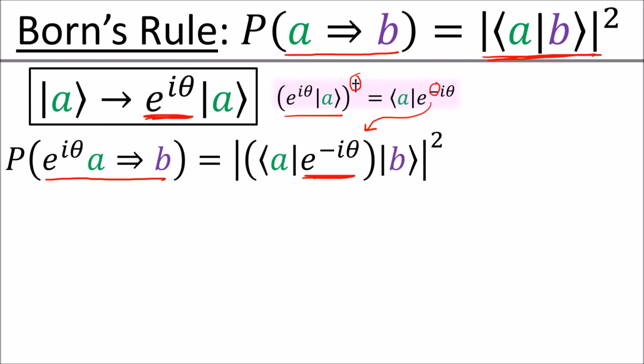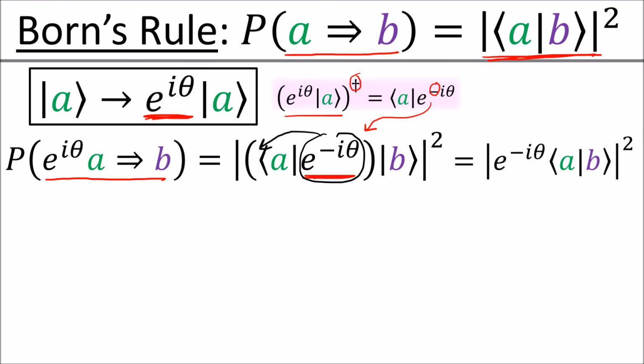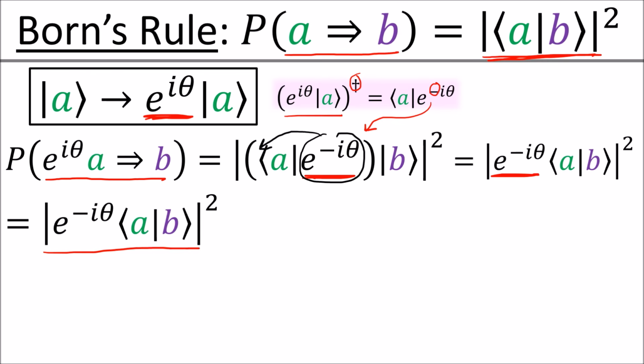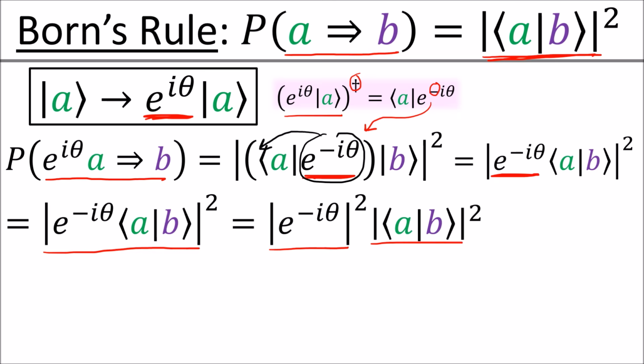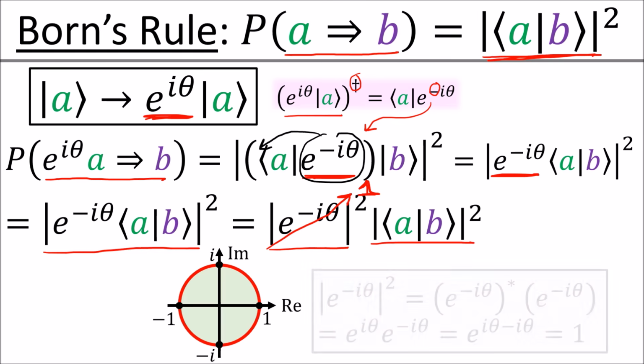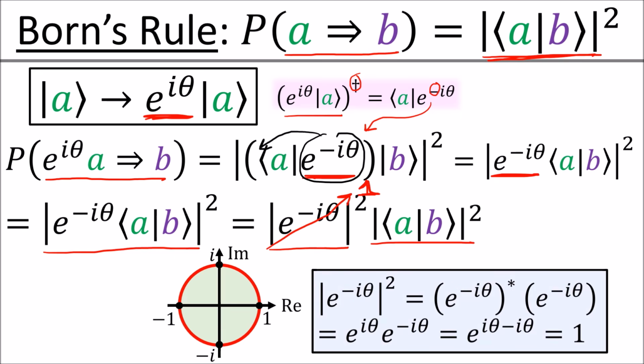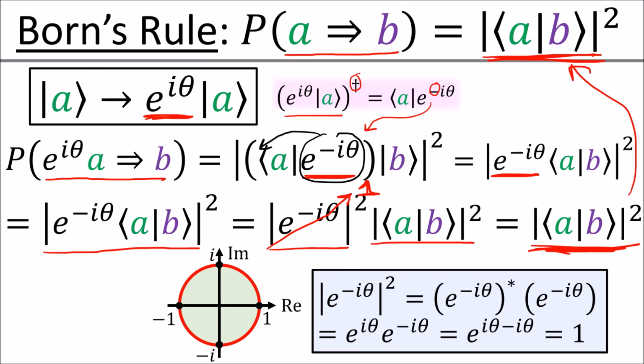Since e to the i theta is just a scalar number, we can pull it outside of the inner product. And here, the magnitude of a product is the same thing as the product of the magnitudes. And the magnitude of a complex phase, e to the i theta, is just 1, because it lives on the complex unit circle. So the probability formula we get is unchanged compared to before.